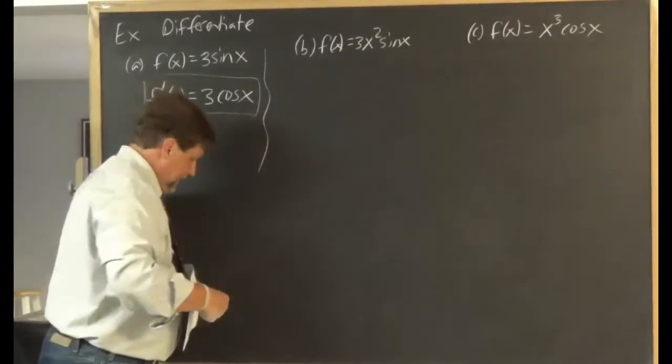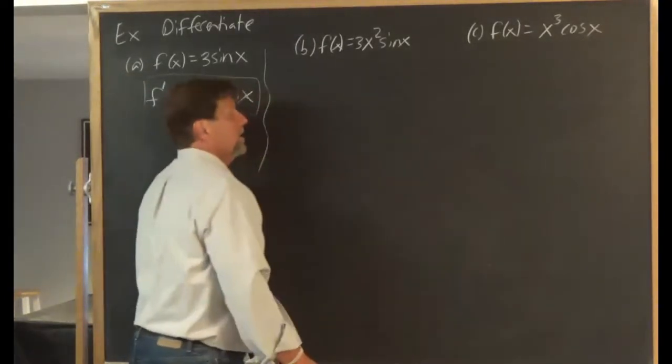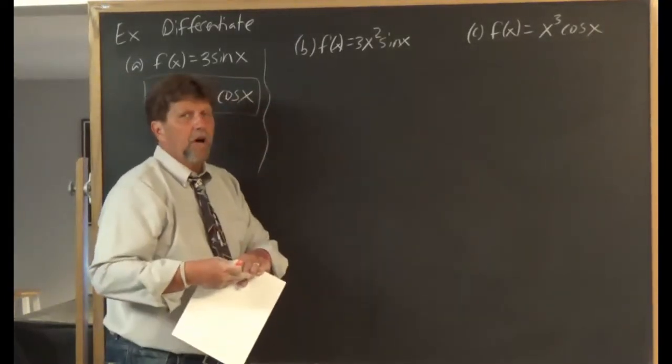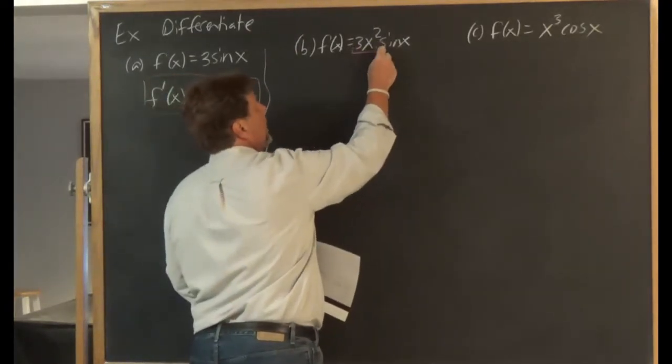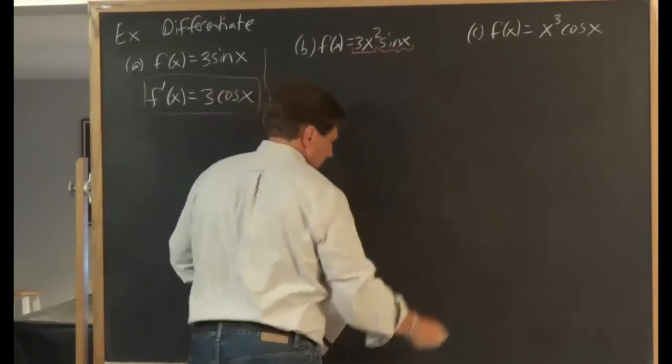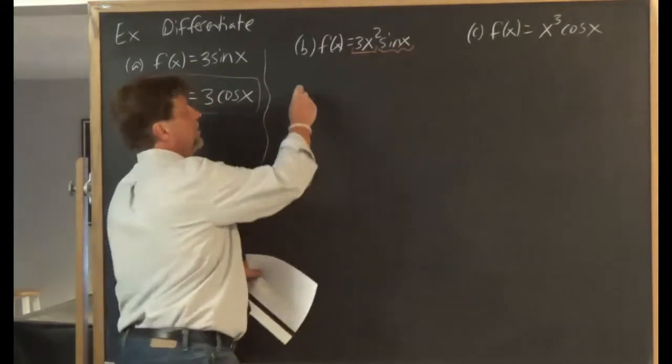Part B, get the derivative of f of x equals 3x squared sine x. Here, we have a product rule. Your first function is 3x squared. The second function is sine x. So we have to remember the product rule.